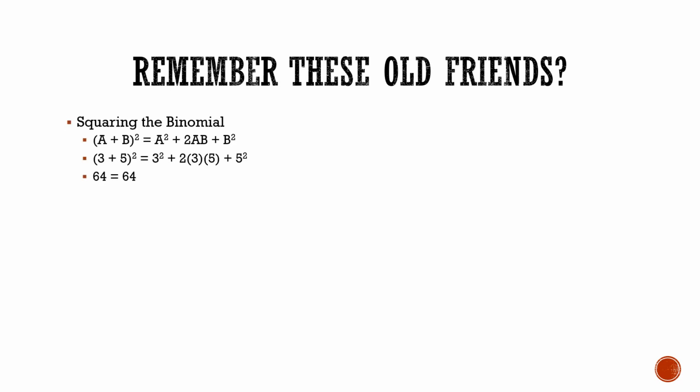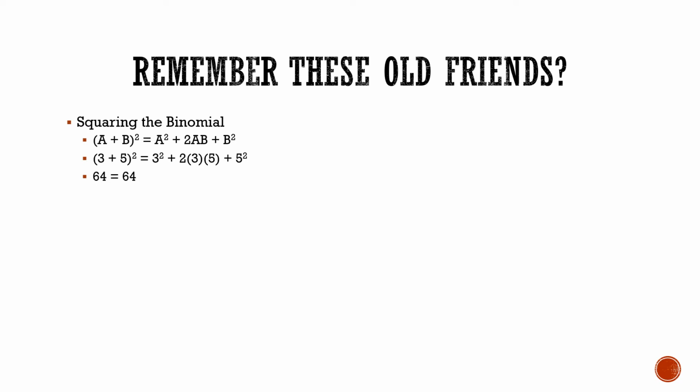So now let's take a look at a few complex ideas from algebra. Remember that idea called squaring the binomial, where we can take a plus b squared and say that it's the same thing as a squared plus 2ab plus b squared?